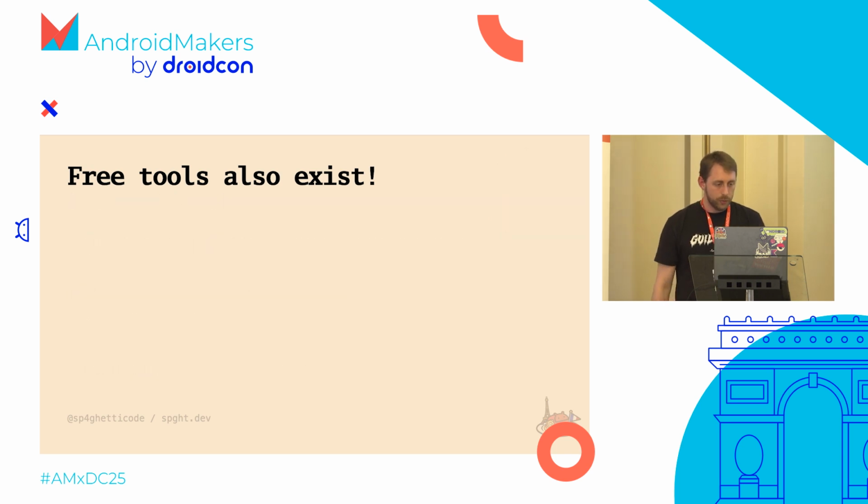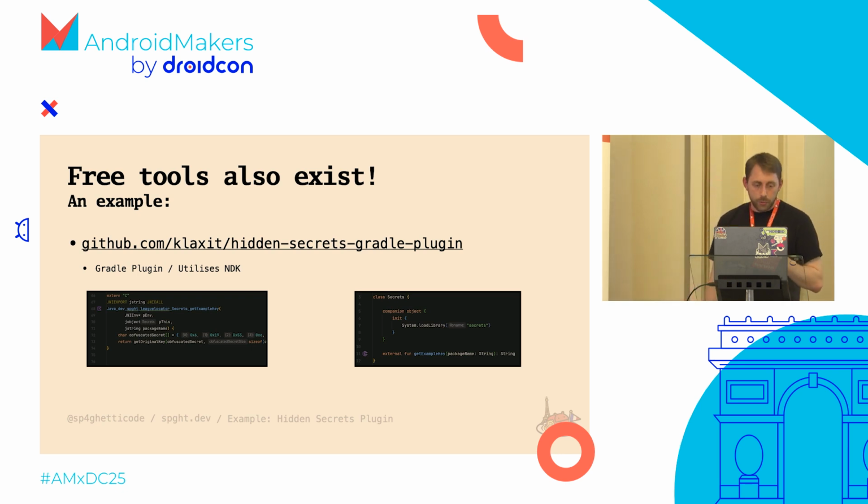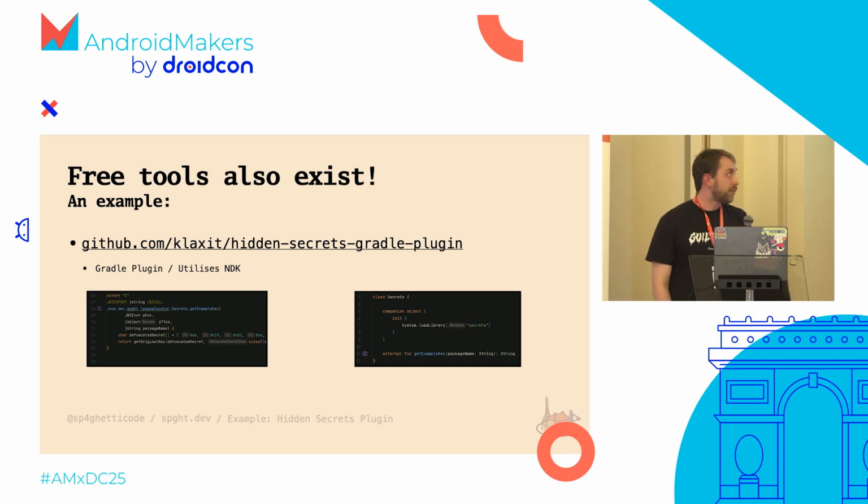What these tools all roughly do is something like this. You supply a secret. In this case, this is Hidden Secrets Gradle plugin. You provide a secret, and what it will do behind the scenes is essentially try its best to obfuscate it in your app to make it more difficult for potential attackers to reverse engineer your application and find your secrets.